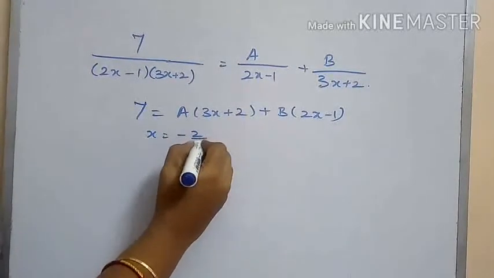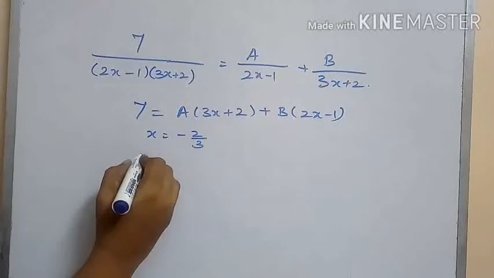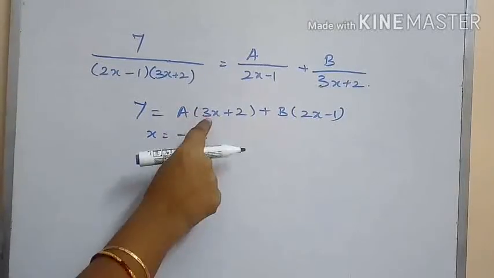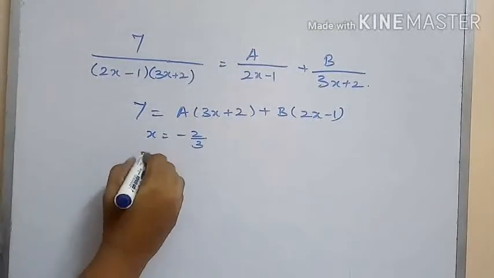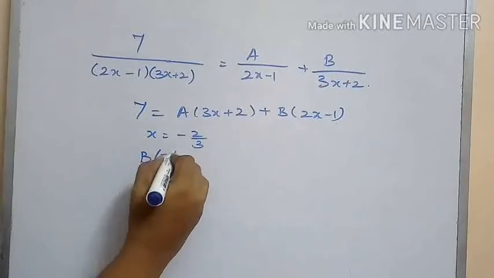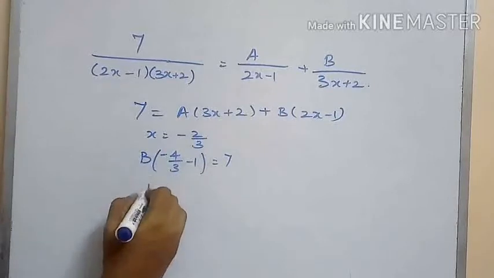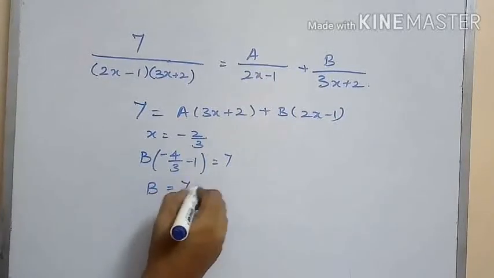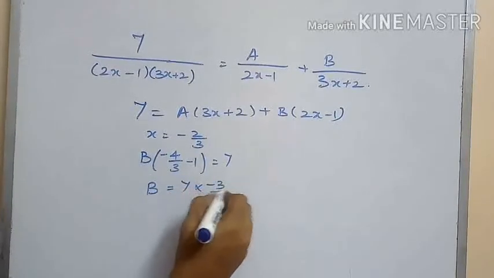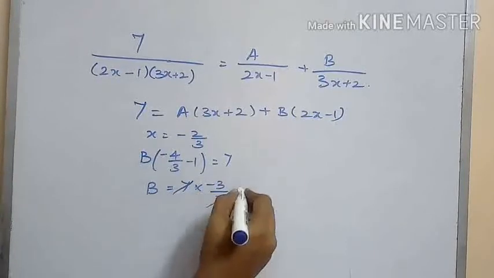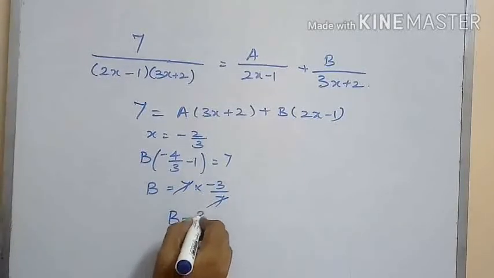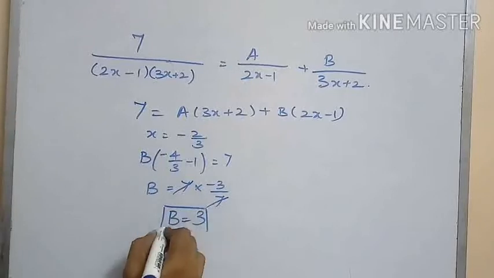Substituting x is equal to minus 2 by 3, we get B into (minus 4 by 3 minus 1) is equal to 7. So B is equal to 7 into minus 3 by 7. So B is equal to minus 3.